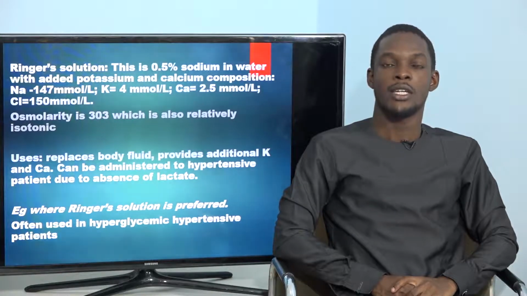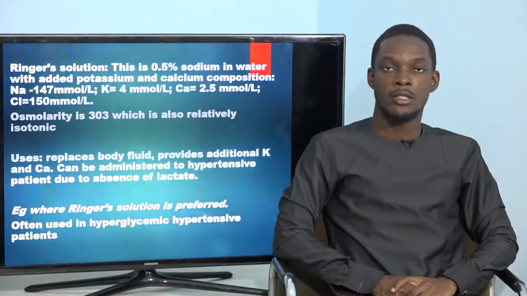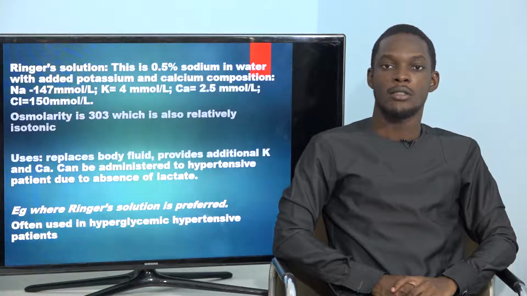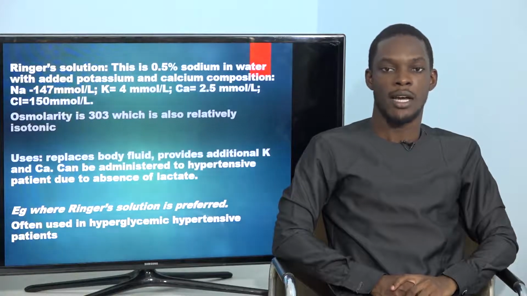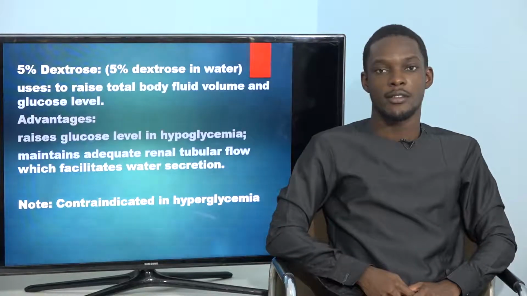It can also be administered to hypertensive patients who have diabetic ketoacidosis because the lactate is absent, and due to the absence of lactate, ketones are not implicated. Ringer's solution is preferred in hyperglycemic patients with hypertension.